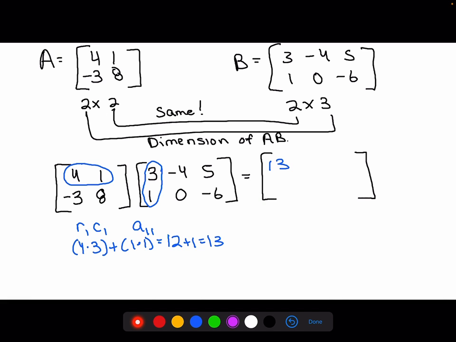Next, we're going to look at row 1, column 2. That's going to go in position (1,2). We're going to do 4 times -4 plus 1 times 0. So that's going to give us -16.